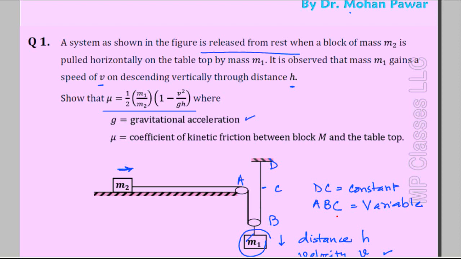Now, from the data which is given that distance moved is h, you can certainly know that this point on the string, and I'm putting this on the table at this location, moves distance 2h, that means this point comes here, and this is x, and this is x prime.